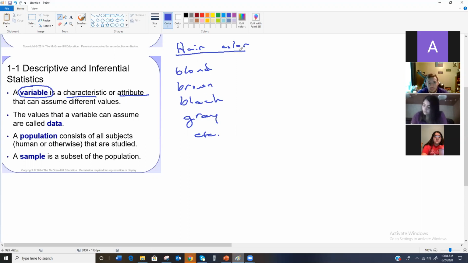So in statistics, a variable is not what we typically think of it as in algebra. Now, we do have those types of variables within the equations and such also, but this is what they're talking about when they're talking about a statistical variable. Are these attributes or characteristics.